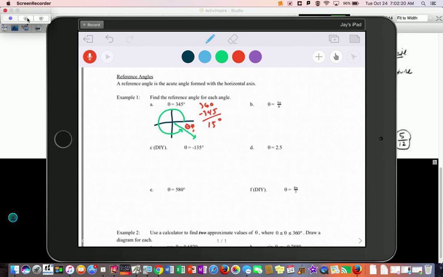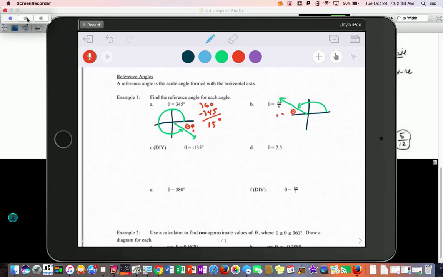Same thing would happen here. I'd wrap around to where 5 pi over 6 is. That'd be here, and I'd have a terminal side coming out. They want to know what is this angle touching the x-axis. So the acute angle formed with the terminal side and the x-axis. Well, that one, I didn't quite make it.